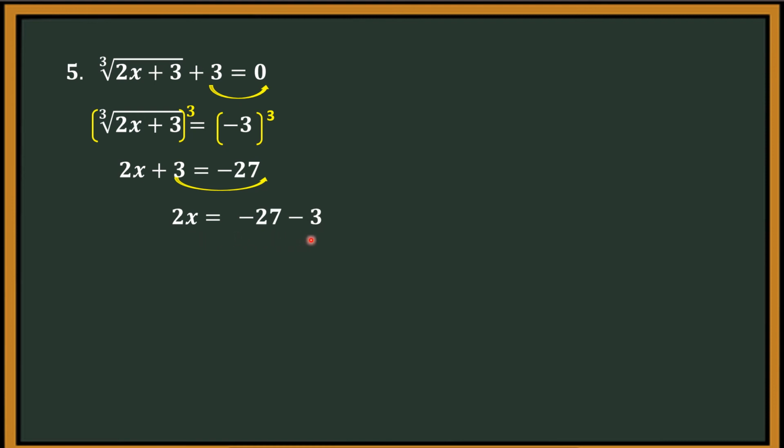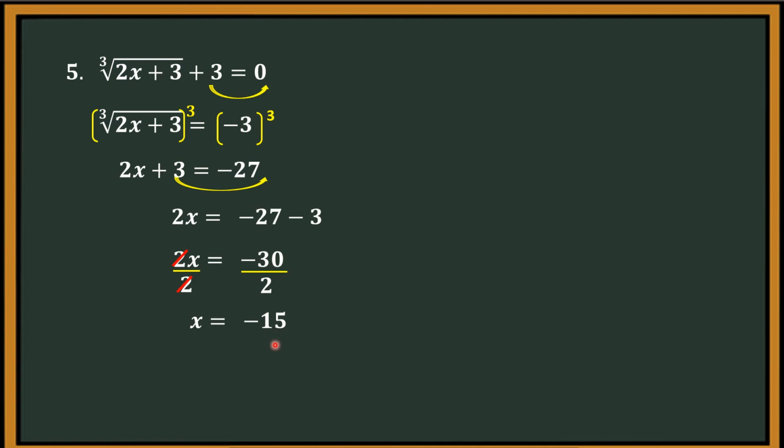Then, we can now simplify negative 27 minus 3. That is equal to negative 30. So you just copy 2x. Then, to solve for x, we need to divide both sides by 2. So you can cancel 2 now on the left side. So what remains is just x. And then divide negative 30 by 2. The answer is negative 15.